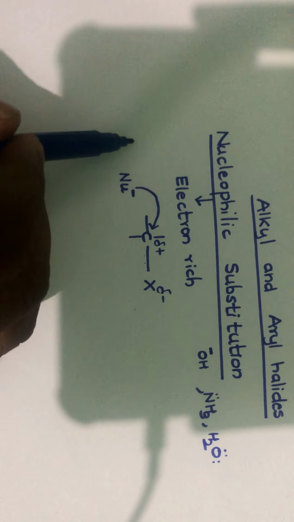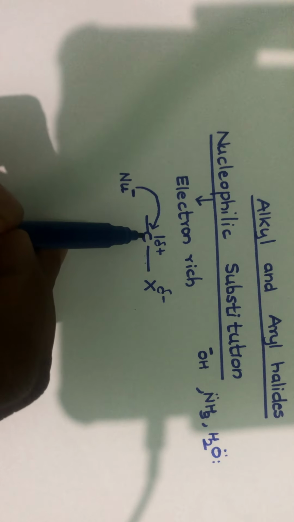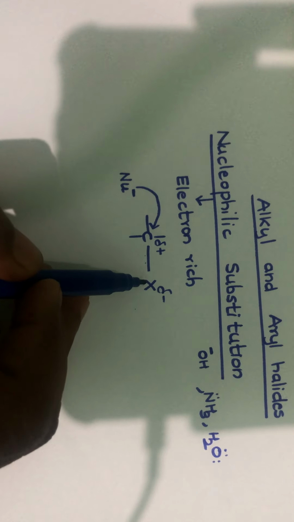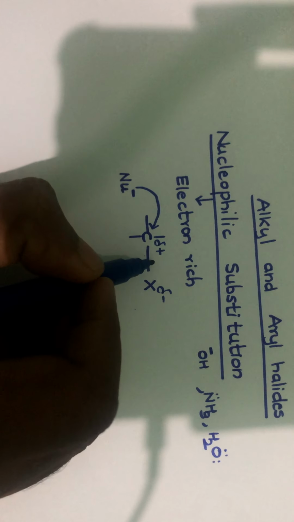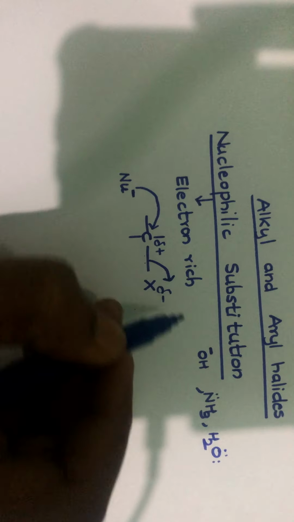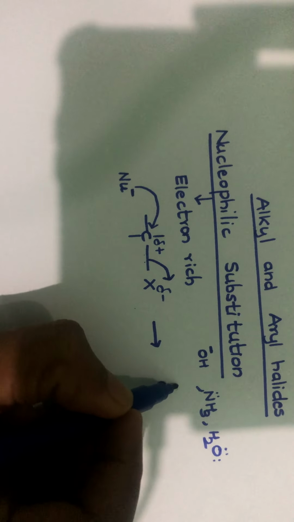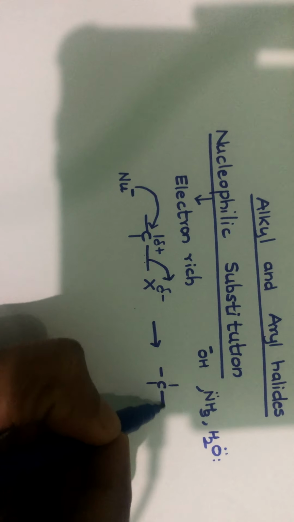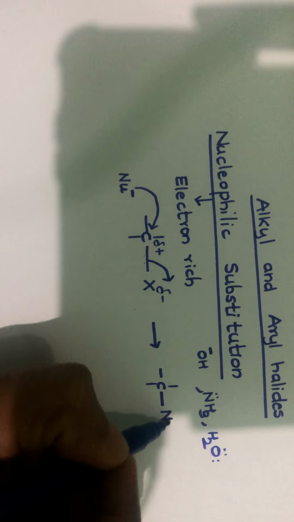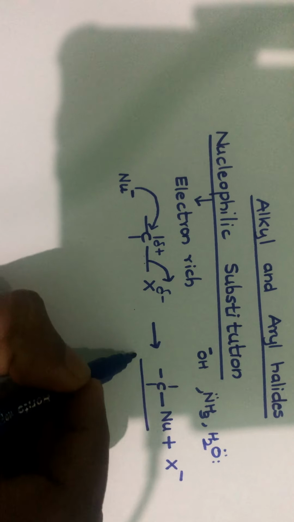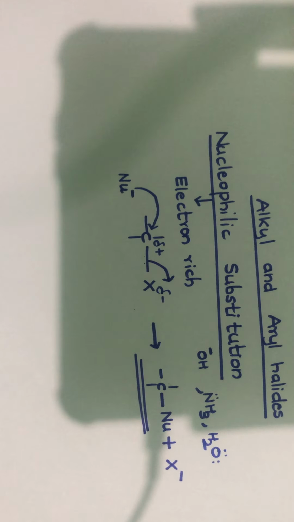Thus, when a stronger nucleophile approaches the positively charged carbon of an alkyl halide, the halogen is readily displaced as a halide ion. So the halogen goes off as a halide ion, and the nucleophile takes the position of the halide ion. This type of reaction is called a nucleophilic substitution reaction.